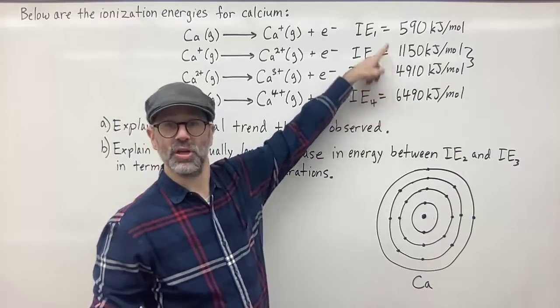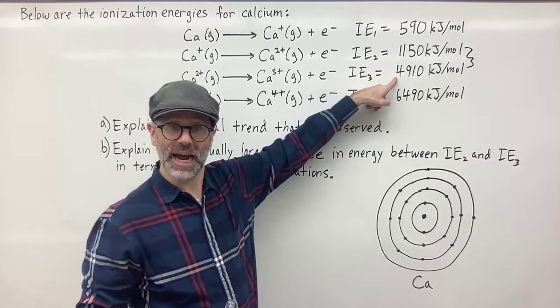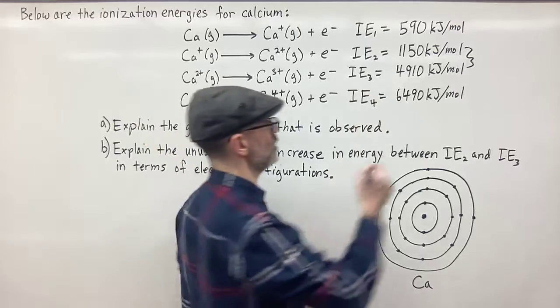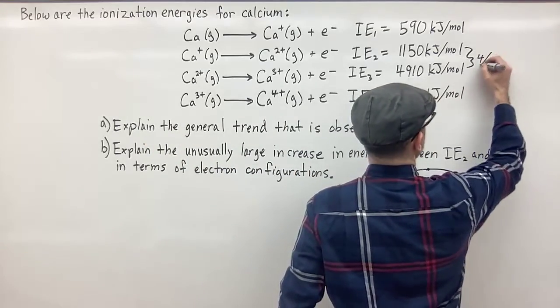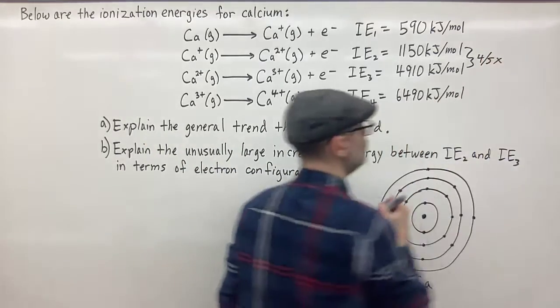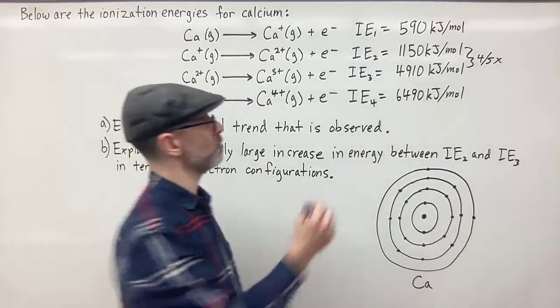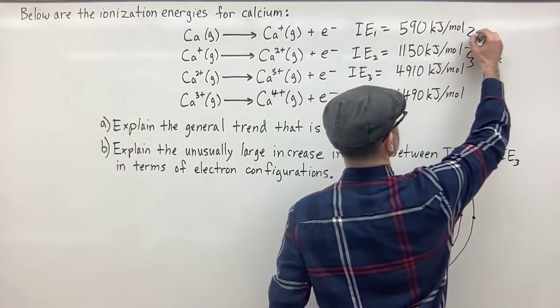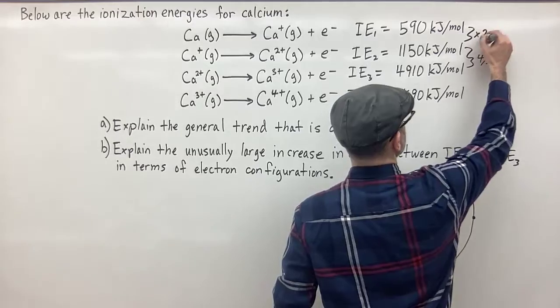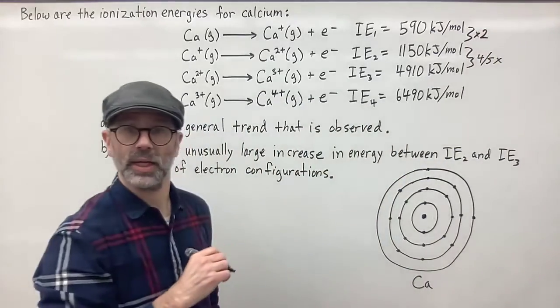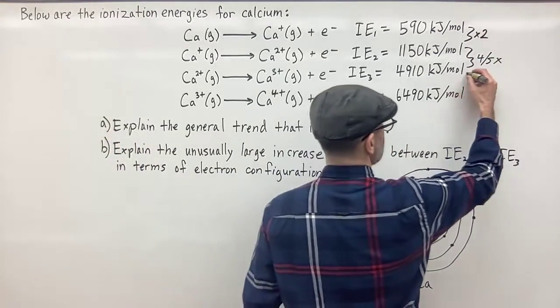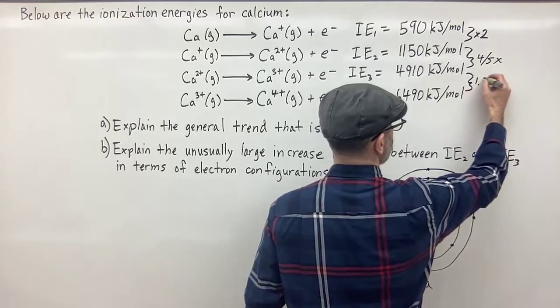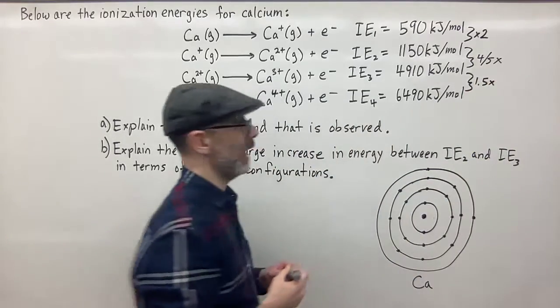It's almost about 4 or 5 times the amount, right? So this is about 4 or 5 times the difference. This is about double the amount. And the difference in here is about 1.5 times as great.